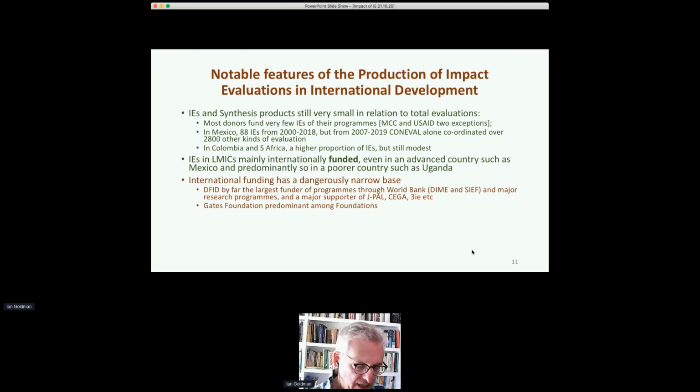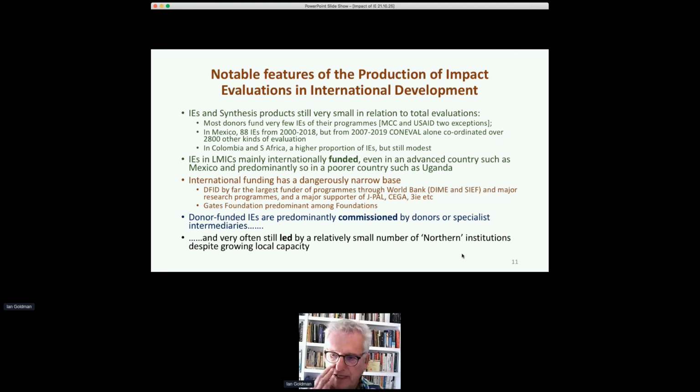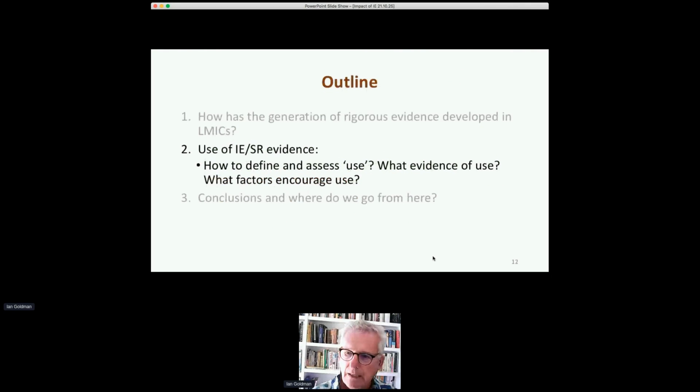As we've seen with the way DFID funding has been cut so dramatically recently, this shows the dangers in that. And with Gates being predominant among foundations, donor-funded IEs are still predominantly commissioned by donors or specialist intermediaries like 3IE, and are very often still being led by a relatively small number of northern institutions, despite growing local capacity in the south.